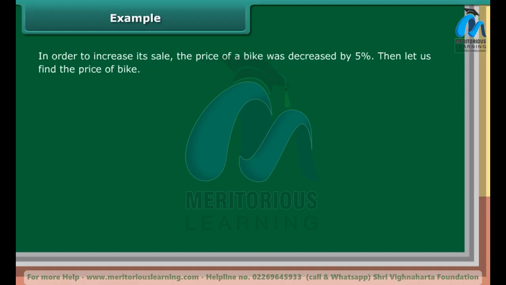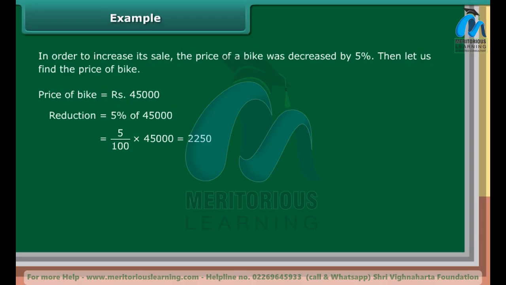In order to increase its sale, the price of a bike was decreased by 5%. Then let us find the price of the bike now. Price of bike is equal to rupees 45,000. Reduction is equal to 5% of 45,000, which is equal to 5 upon 100 into 45,000, which is equal to 2,250.